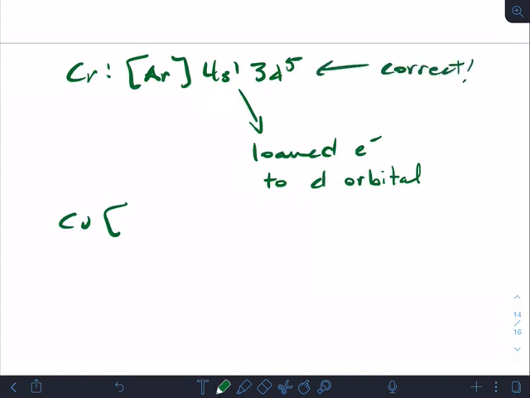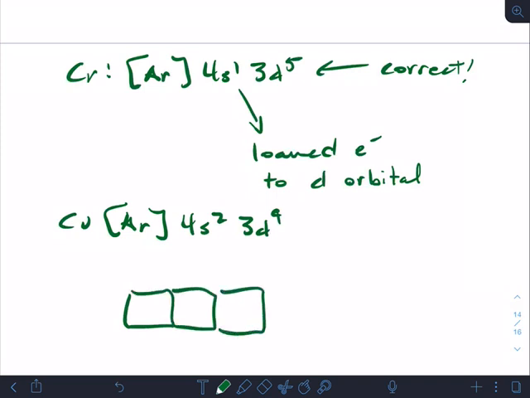Right, this is the correct. Right? So if I do the same thing for copper, we would assume 4s2, 3d9. Right?